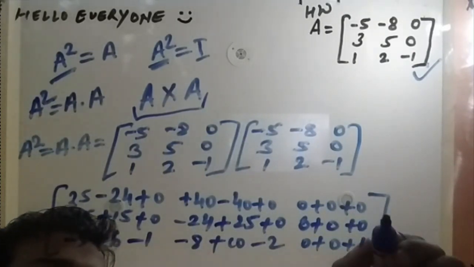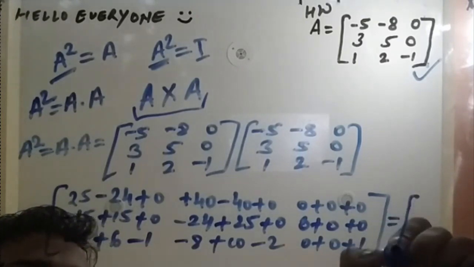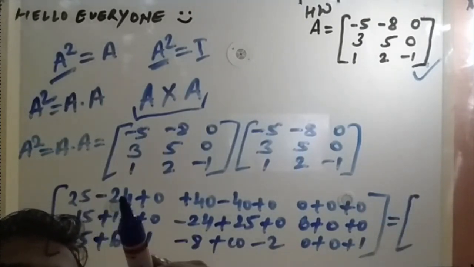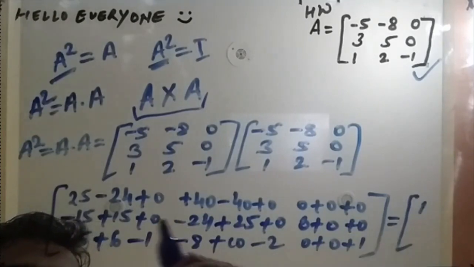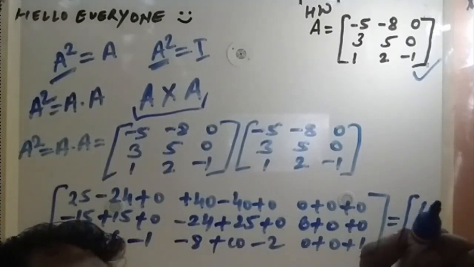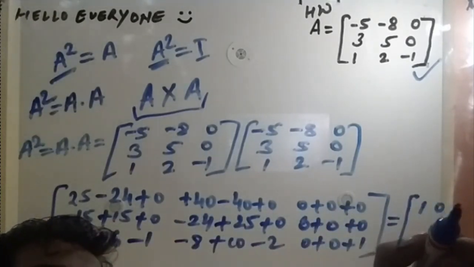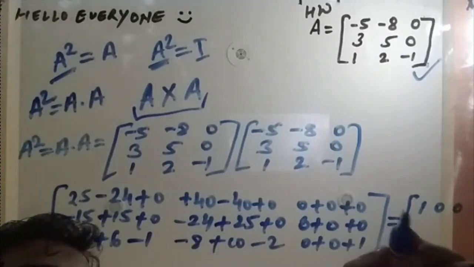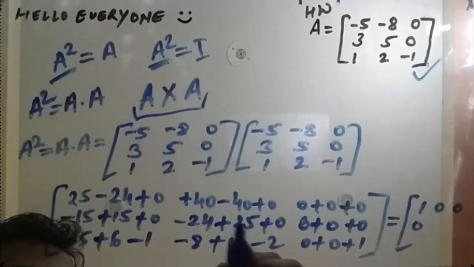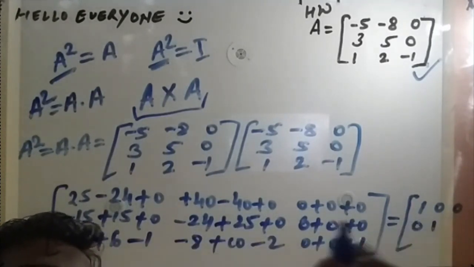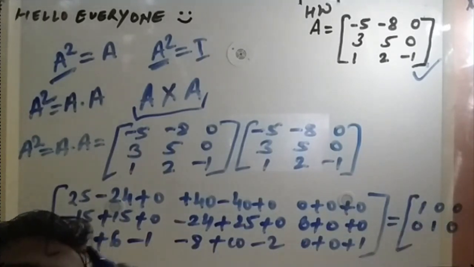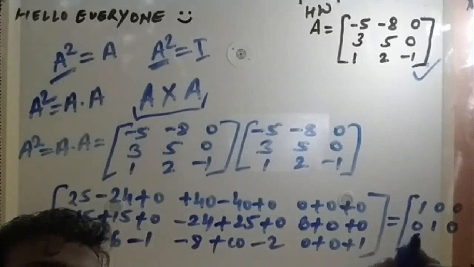Okay, let me write here the answer. 25 minus 24, 1. 40 minus 40, 0. 0. Minus 15 plus 15, 0. 25 minus 24 is 1, again 0. 6 minus 5 plus 1 minus 1, 0.